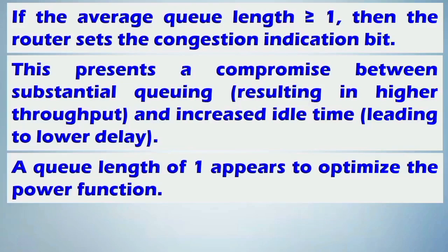In other words, a queue length of 1 appears to optimize the power function.